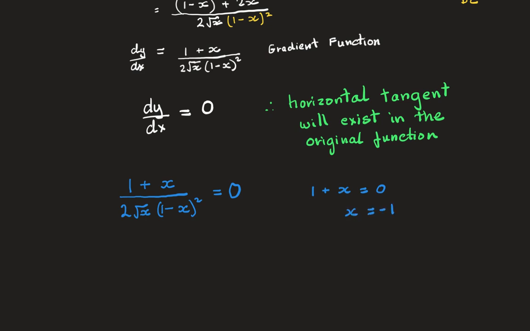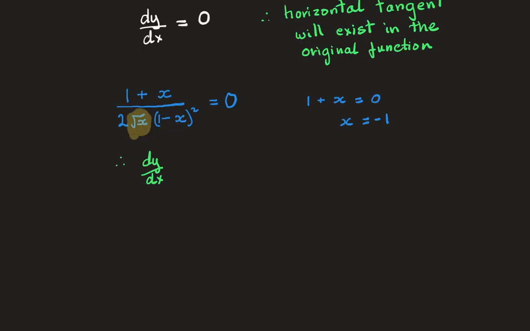Now we have a problem here because we have a root x in the denominator. This root x is problematic because it will mean that really x cannot be equal to minus 1 because root x can never be a negative number.